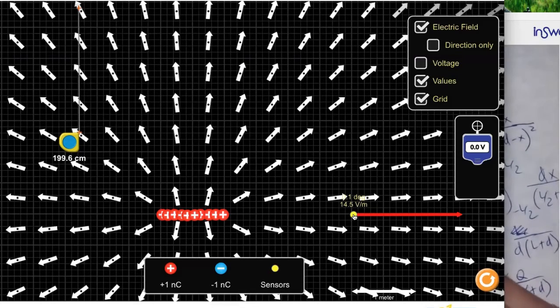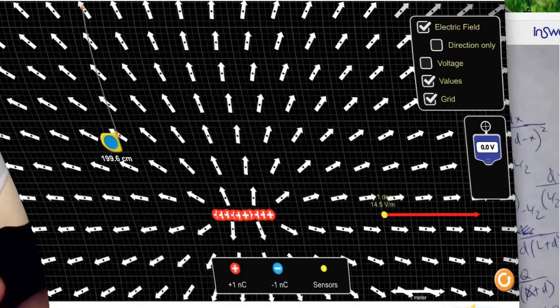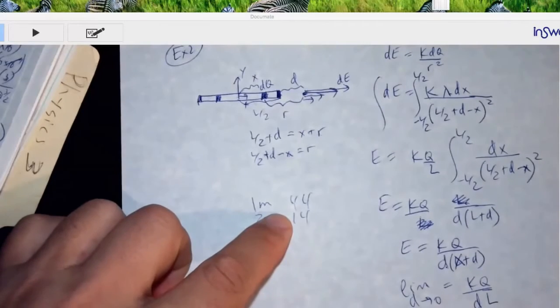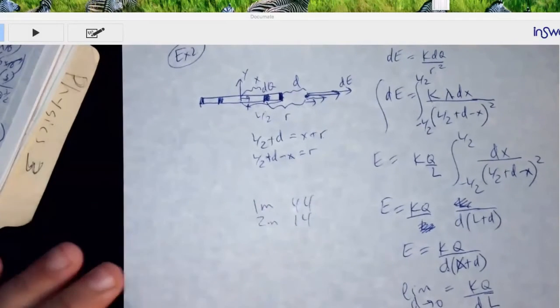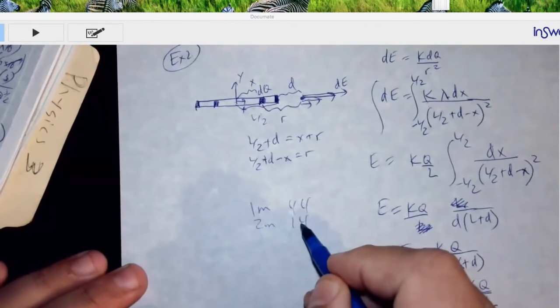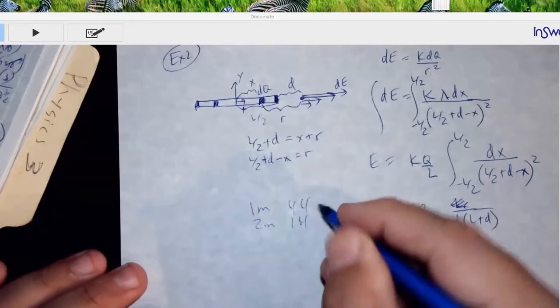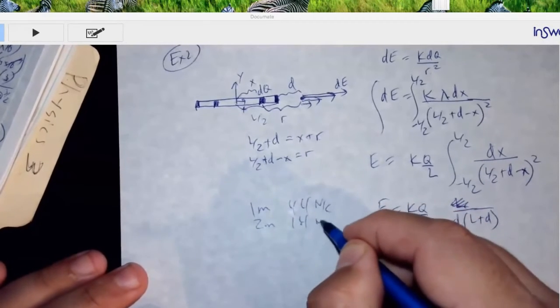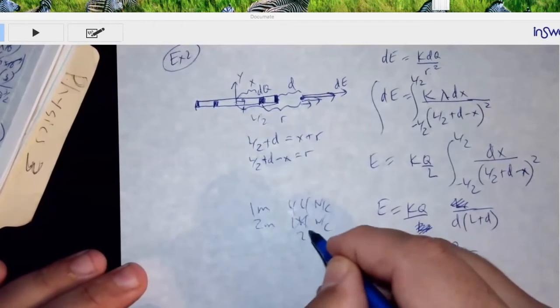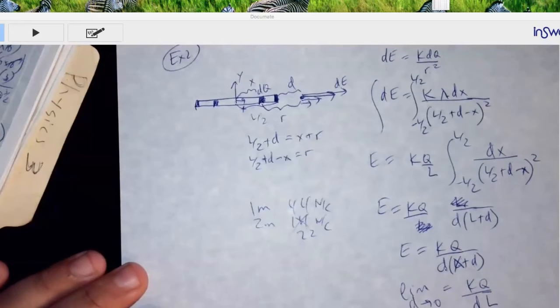So 1 meter away is 44. 2 meters away is 14. So is that a linear behavior or a square behavior? For linear behavior, this would have to be what? 22, right? 22 newtons per coulomb. So it's definitely decayed quicker than linear.